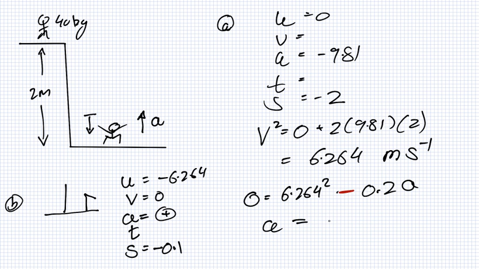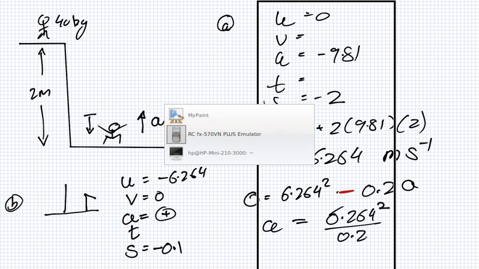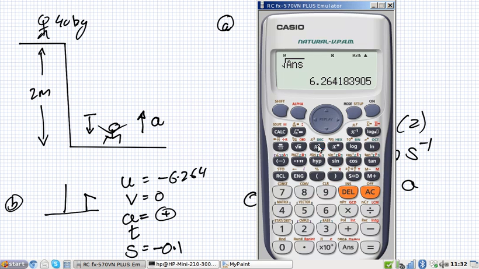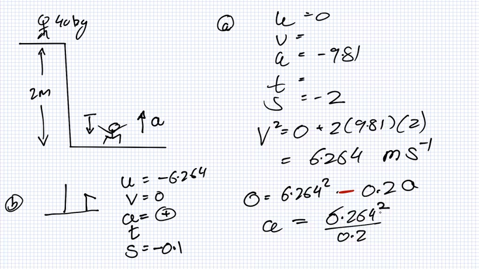So that means the A is 6.264 squared over 0.2, which is 196.2 meters per second squared. Okay, so that answers that part.